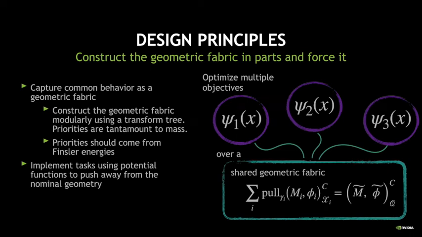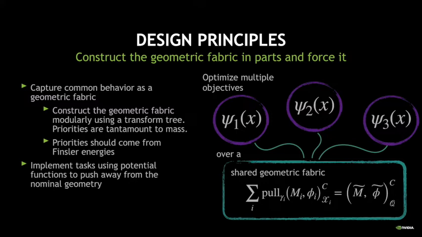The key idea behind geometric fabrics is that they're designed to capture a common nominal behavior that appears in many different contexts, many different tasks that we might want to solve. An example is obstacle avoidance. Many different tasks still want to do obstacle avoidance, even when they're trying to do different individual things.